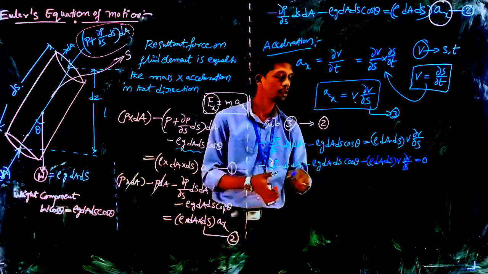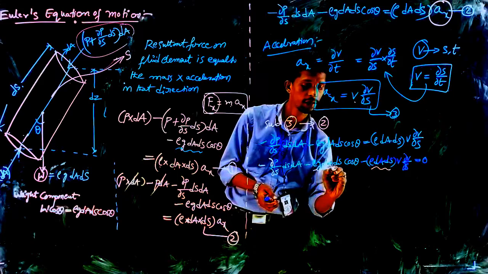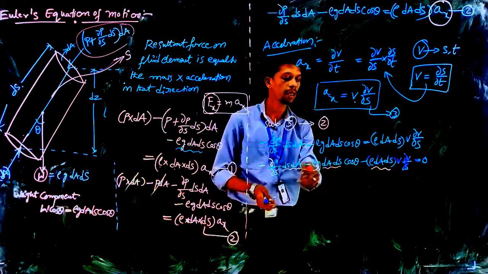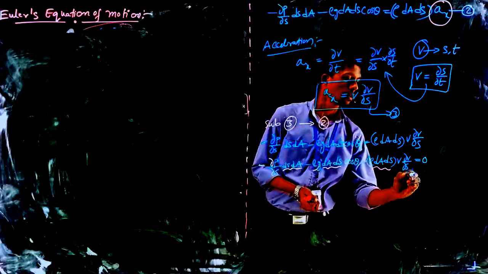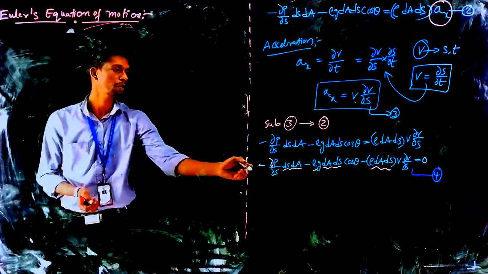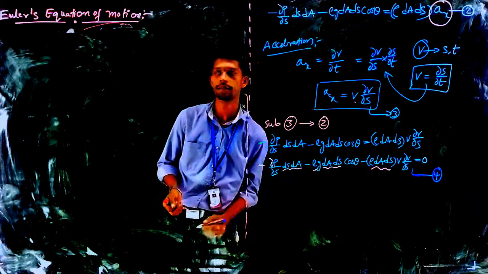Here in this equation you can see rho dA ds is there in each term. Can we divide this entire equation by rho dA ds? Assume this is equation number 4. Now take that equation and divide with rho dA ds.